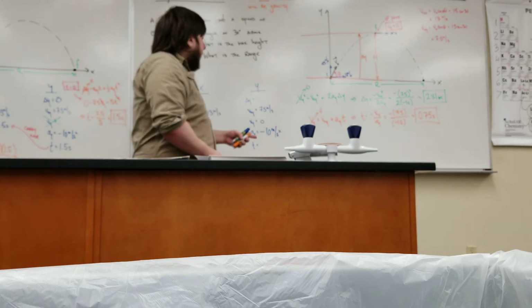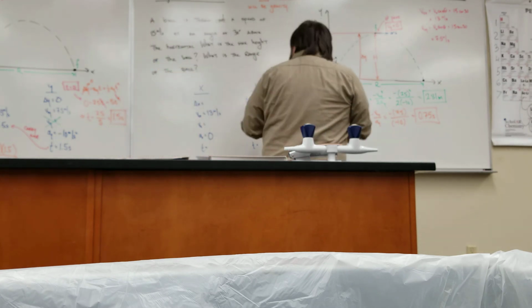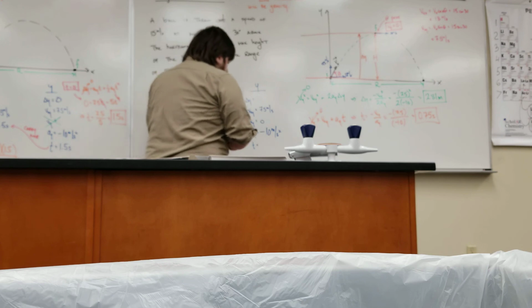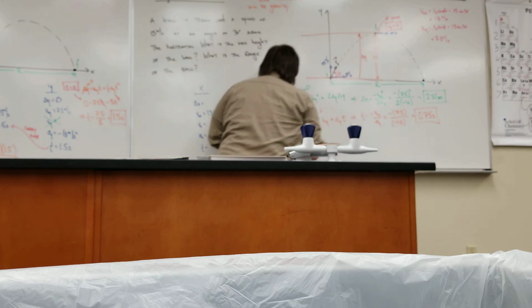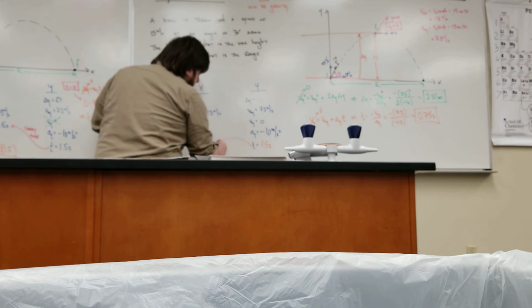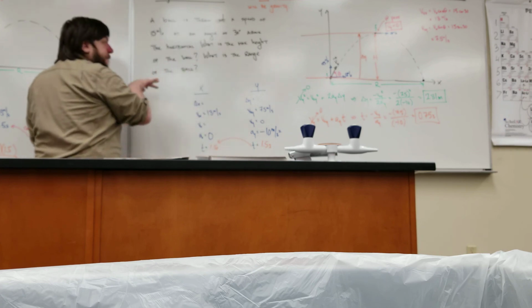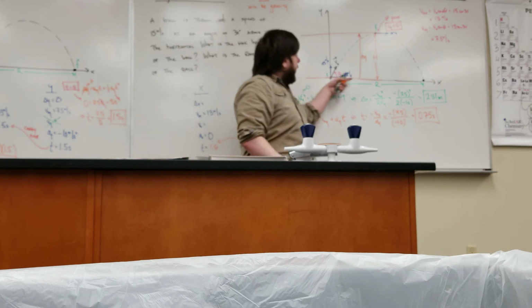If I calculated the range here, so now I'm in the x direction, this is 0.75 seconds to go from here to here. I can carry that over. How far horizontally does it go in this 0.75 seconds?